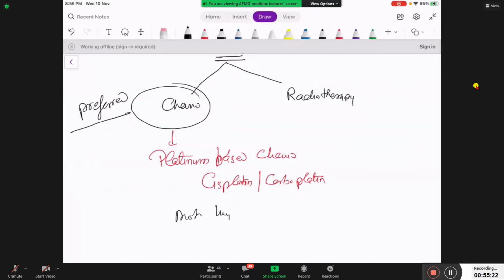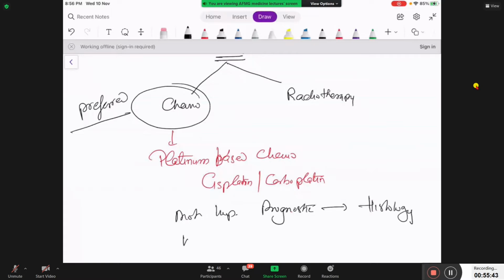Most important prognostic factor is histology.